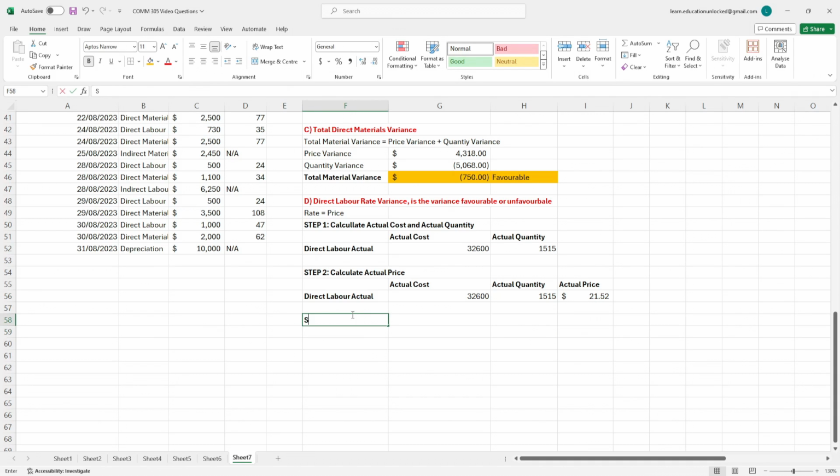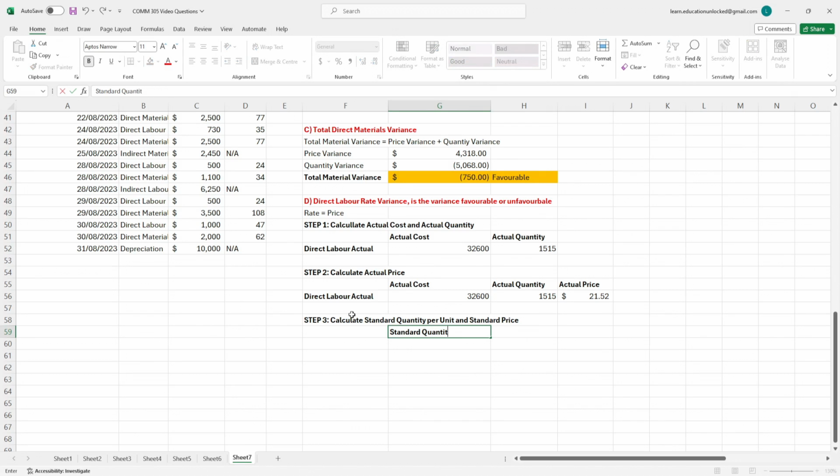And now that brings us to step 3. Calculate our standard quantity per unit and standard price. So let's write that out again. Standard quantity per unit and standard price. Direct labor standard.